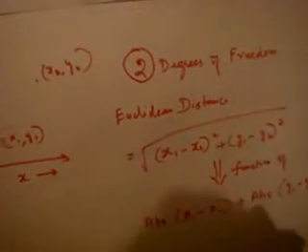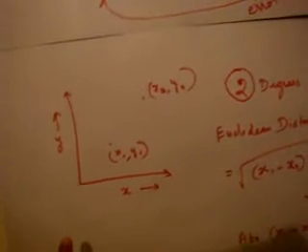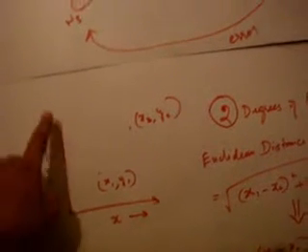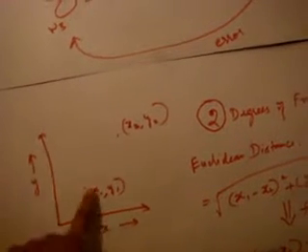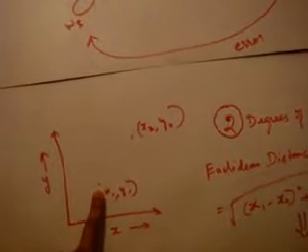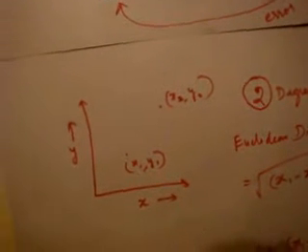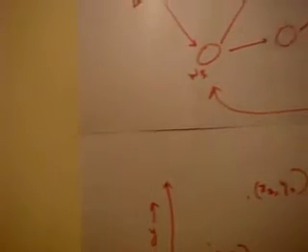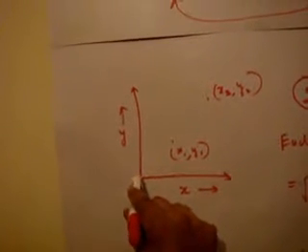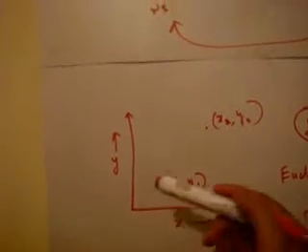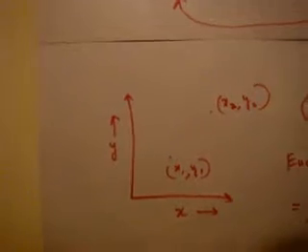The number of degrees of freedom for a point in a two-dimensional space is 2, being x and y. If we have a three-dimensional space, the degrees of freedom for a point is going to be 3, and so on and so forth.